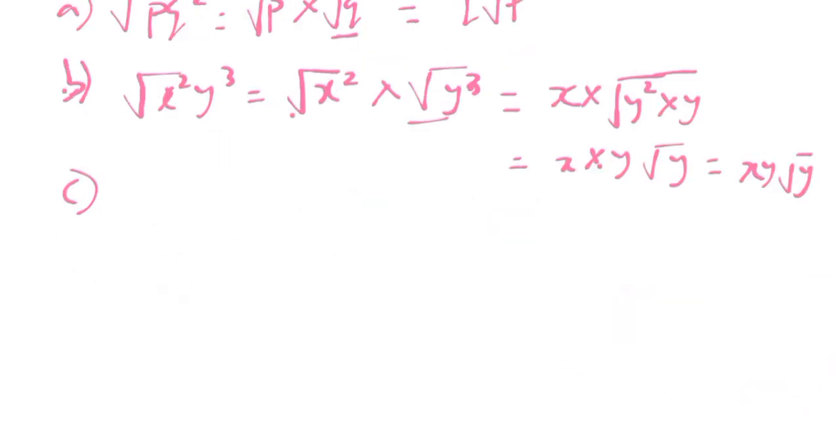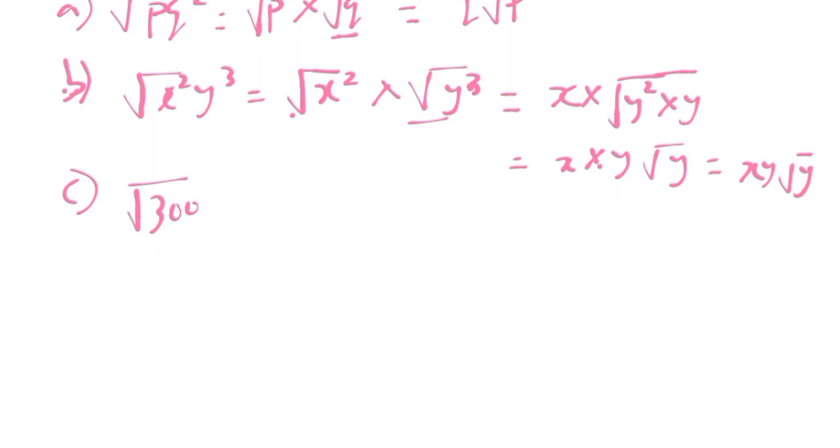Let's do the last one, which is the square root of 300. Let me write this more clearly. So you have the square root of 300. If you want to simplify this surd, you write it in a way that you can have a perfect root multiplying.